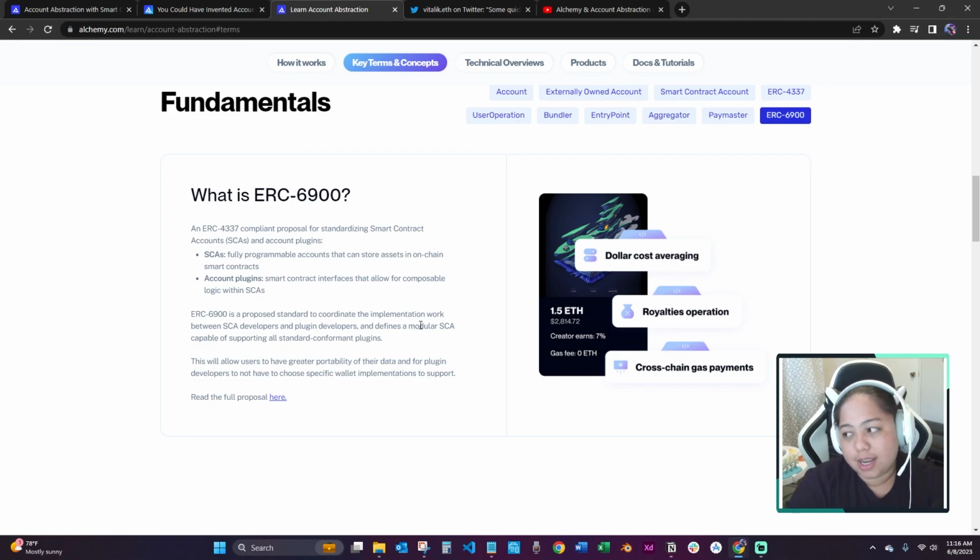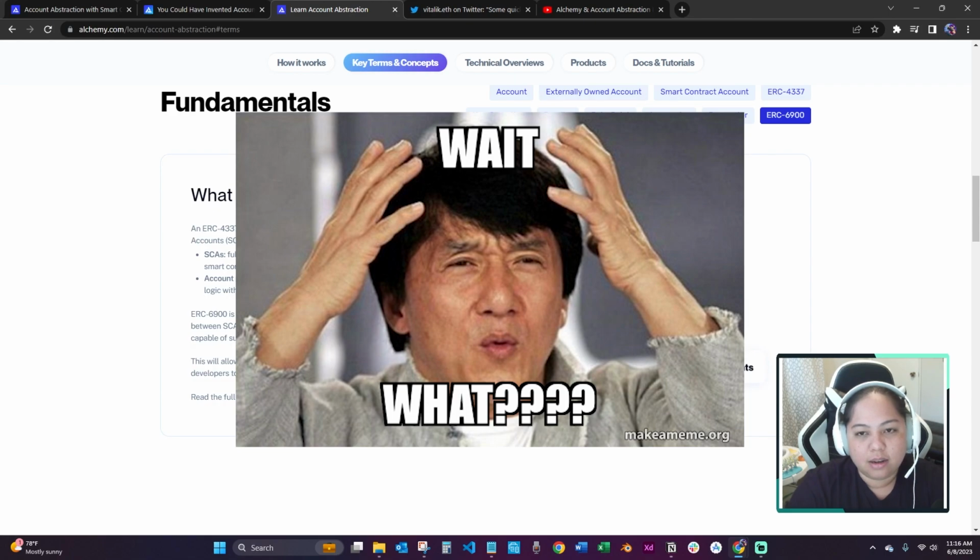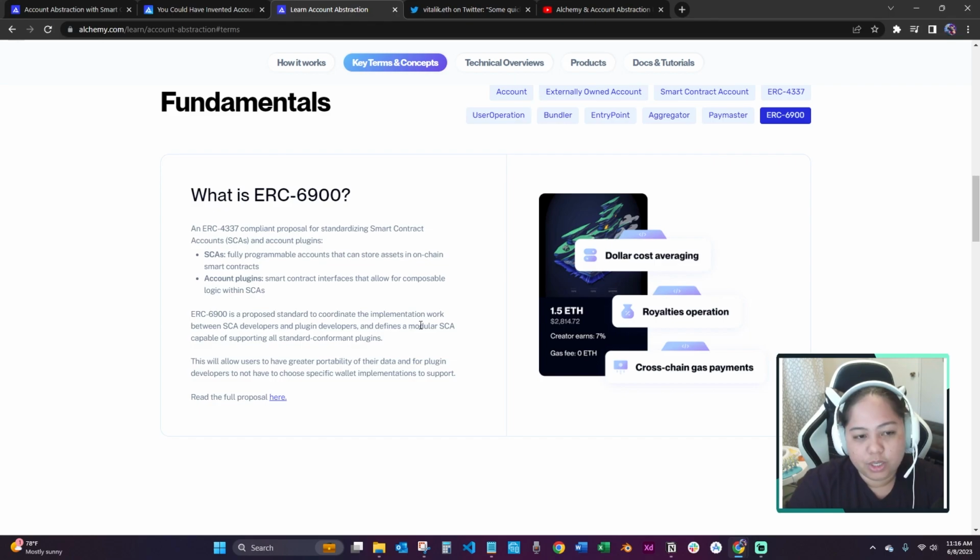So smart contract accounts on the chain, fully programmable, and can be customized through plugins. So now, instead of a lot of people making a bunch of smart contract accounts, ERC 6900 is asking, hey, can we make a standardized smart contract account, put it into the Ethereum chain as a smart contract, and make it so you can edit this smart contract with plugins?